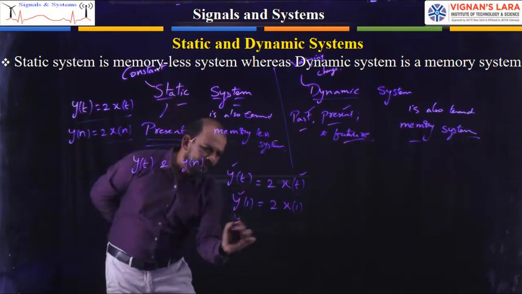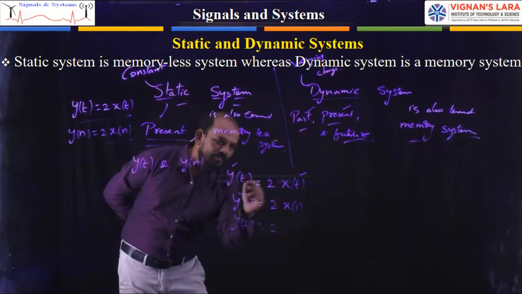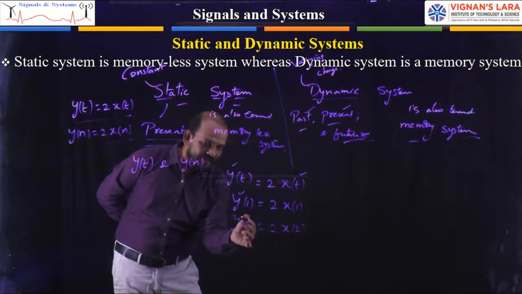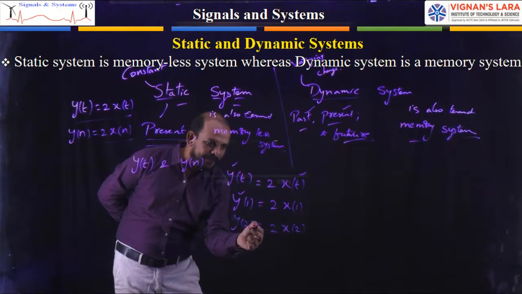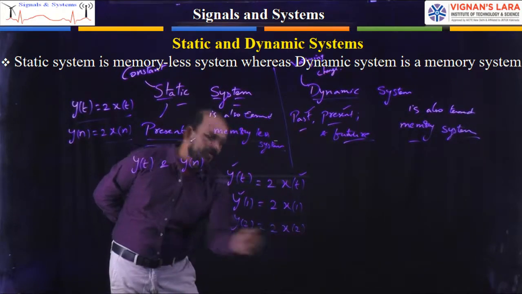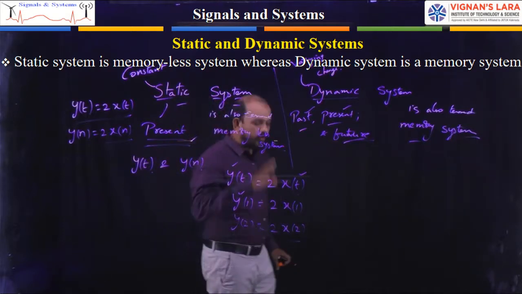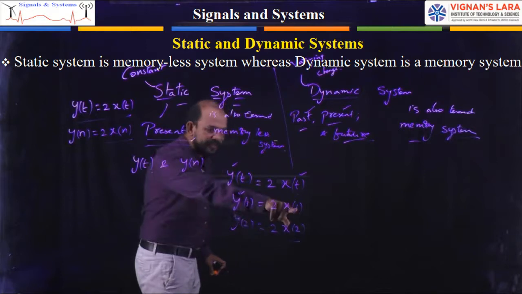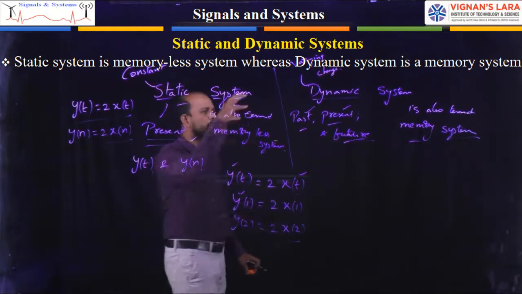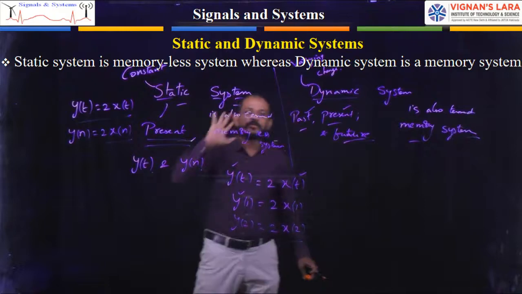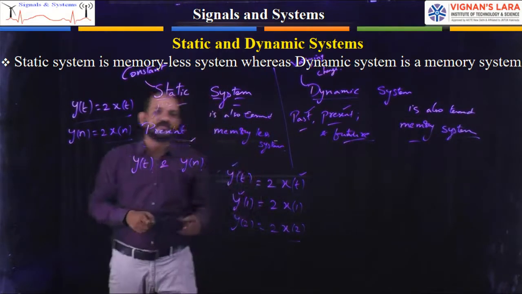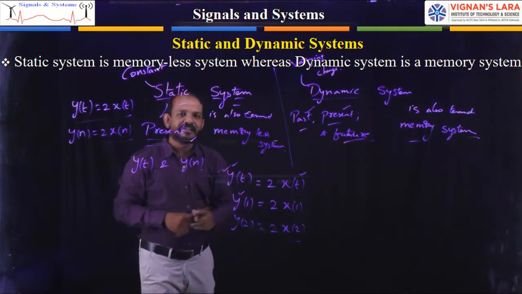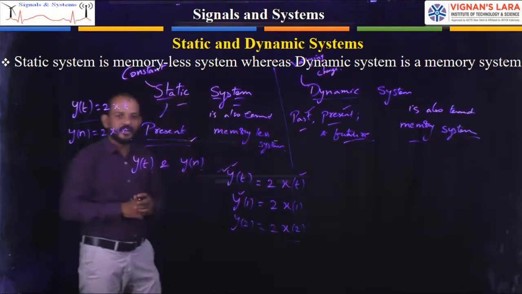Likewise, the output at any second is dependent on the input at that same second. So the output depends only on the present value: this is the present value of the output and this is the present value of the input, here 1 and here also 1. Hence, those types of systems are called static systems. So this is an example of a static system.